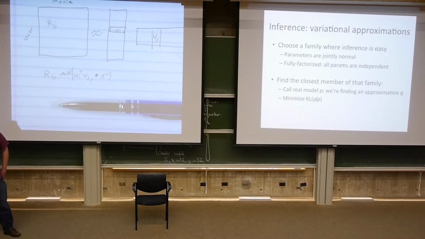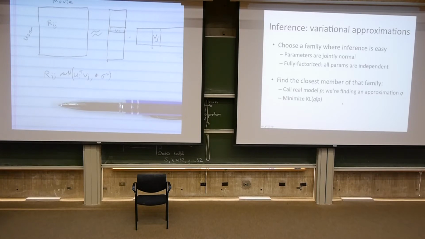So the way you do that is you choose a family, hopefully the richest possible family you can deal with, and then you find the closest member of that family to the actual graphical model by minimizing the KL divergence of Q from P.